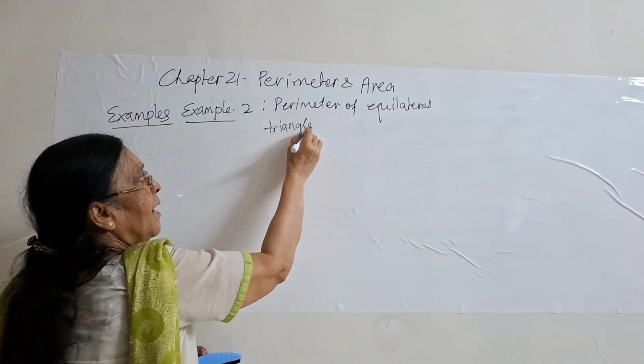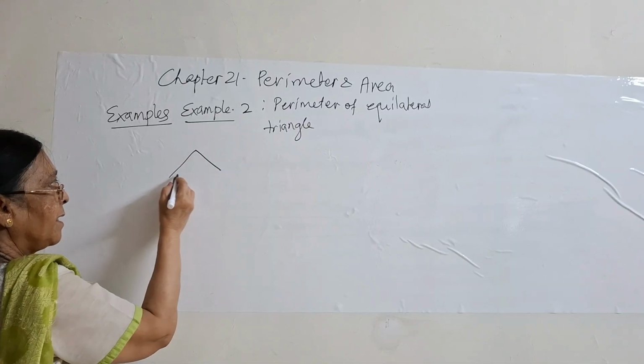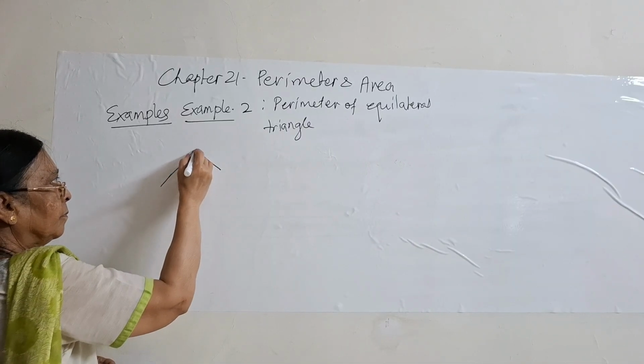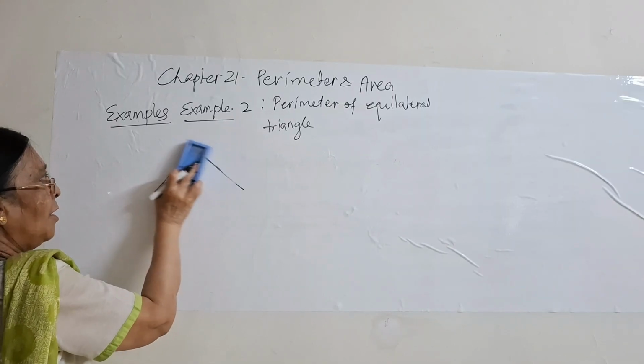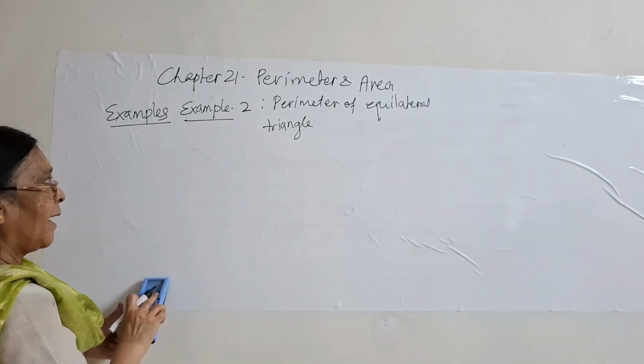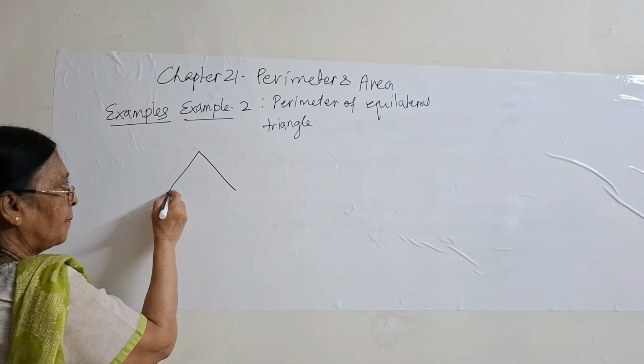Now what is an equilateral triangle? You all know. All the sides of an equilateral triangle are equal and all its angles are 60 degrees.